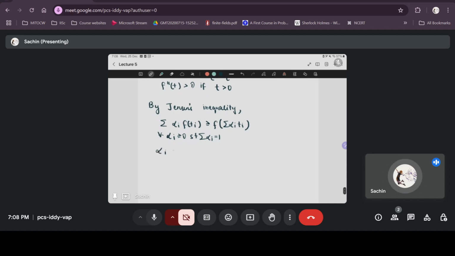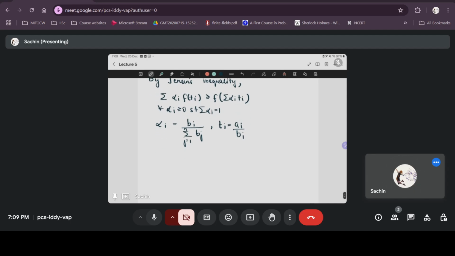Now we can set alpha i is equal to bi over summation of bj, j is equal to 1 to n, and ti is equal to ai over bi. If we substitute this and the meaning of the function f, which is t log t, we'll get summation over all i, alpha i is bi over summation over all j bj times t log t, where t is ai over bi, log of ai over bi.